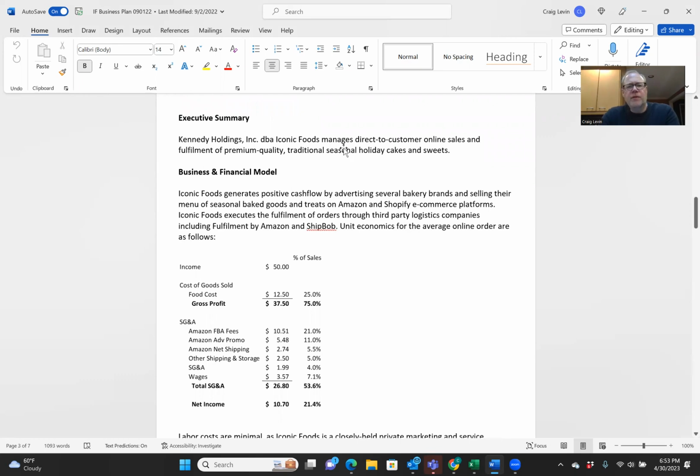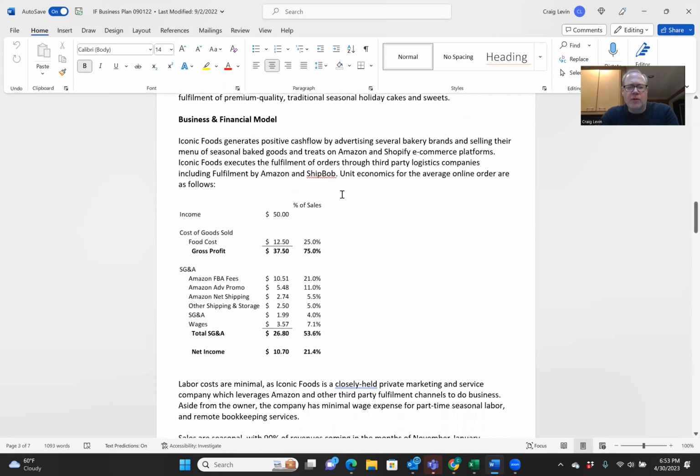Okay, so this says, as an executive summary, that this company manages direct to customer online sales and fulfillment of premium quality traditional seasonal holiday cakes. Those were fruit cakes. The business and financial model is showing what the unit economics for the average online order are.